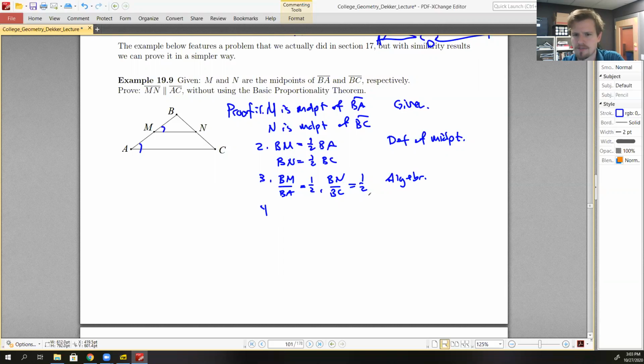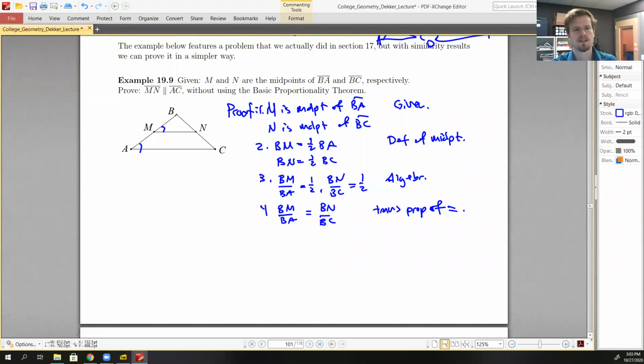So by the transitive property of equality, we have that BM over BA is equal to BN over BC.